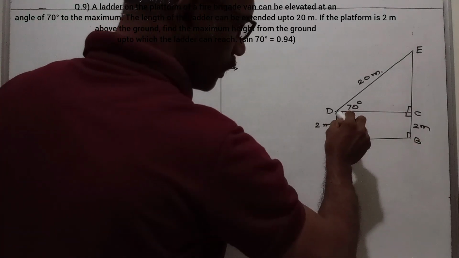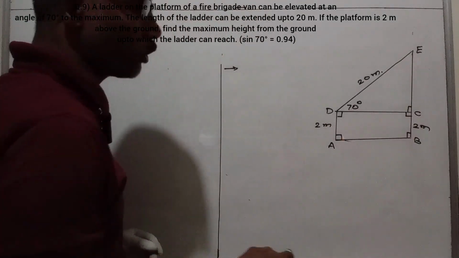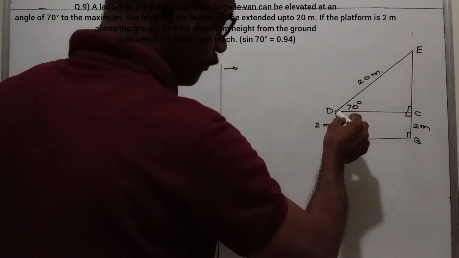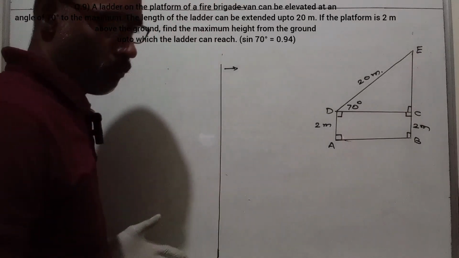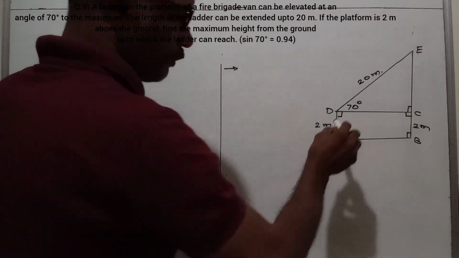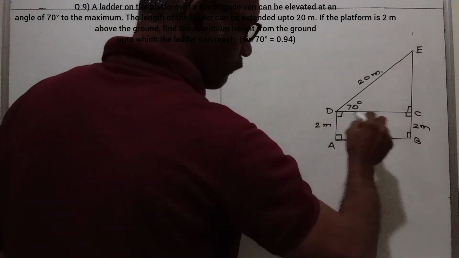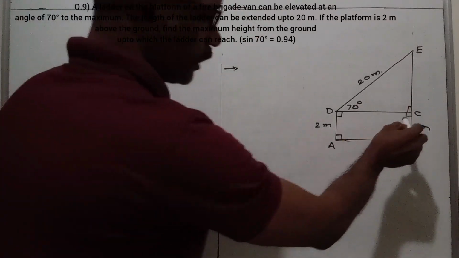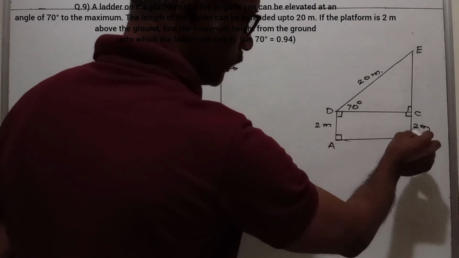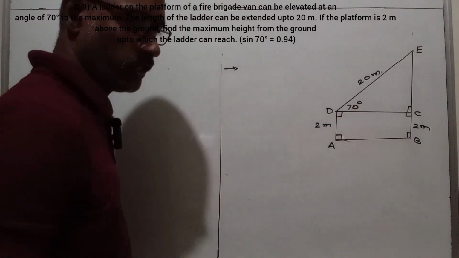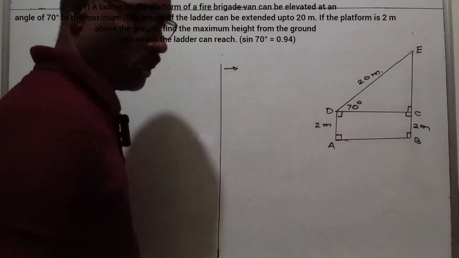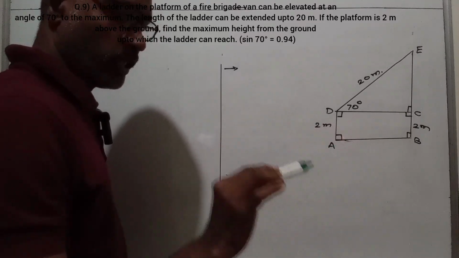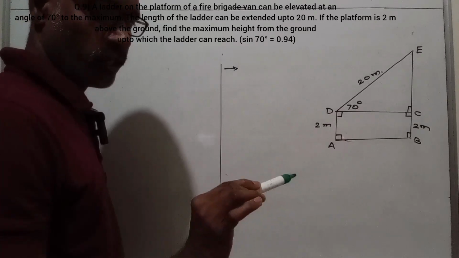Now we draw DC perpendicular to segment BE. This DC is the platform. Therefore this is also 90 degree. 90, 90, and this is also 90. Therefore the fourth angle should be 90 degree. Did you get it?